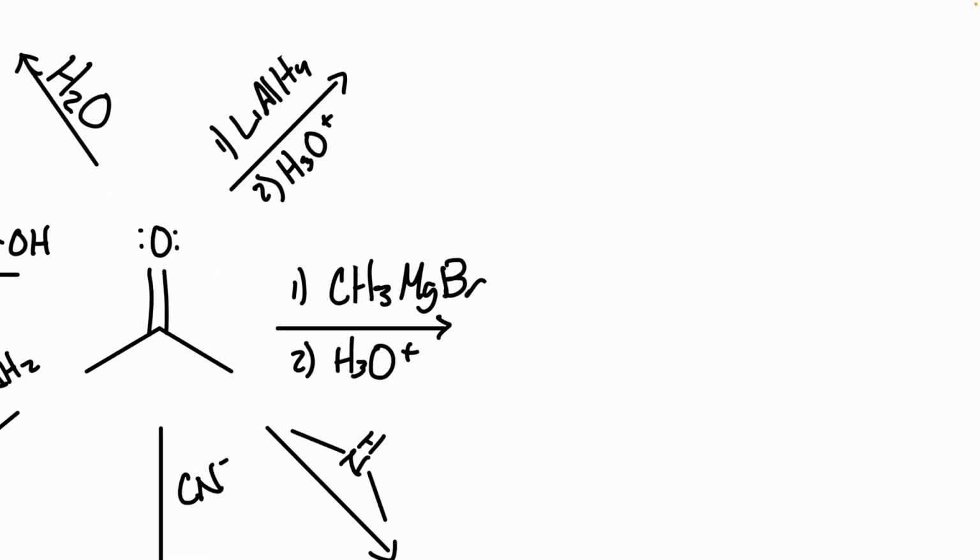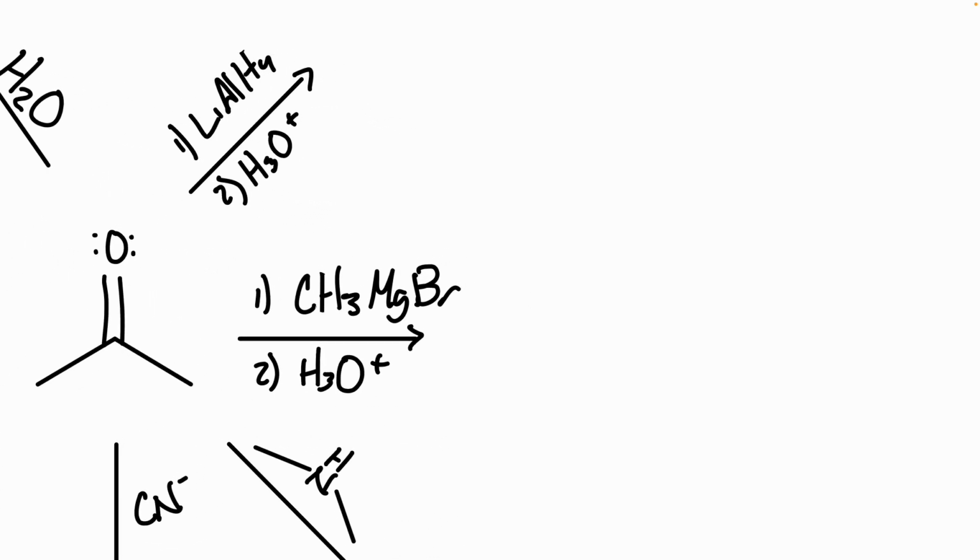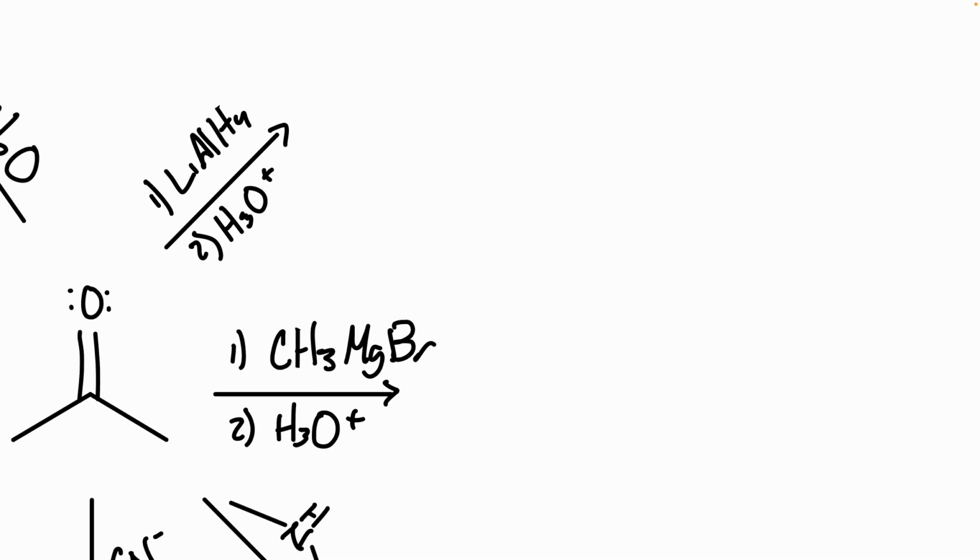All right, so let's look here. The Grignard reactions are ones that we would have studied. Actually, both of these were ones we would have studied in the last chapter. Both of these will convert your aldehyde or ketone into an alcohol.